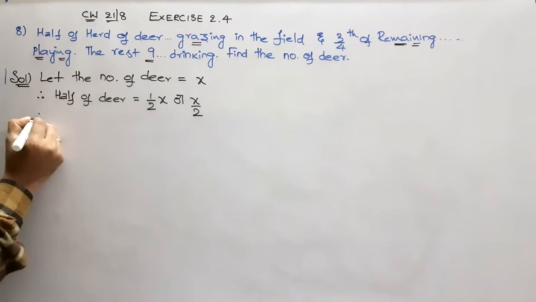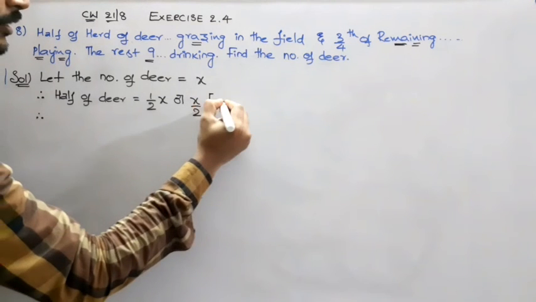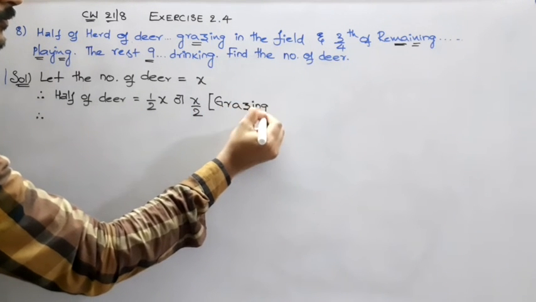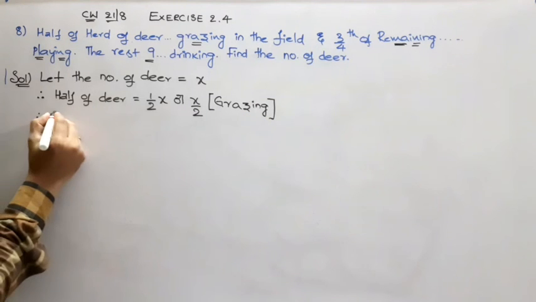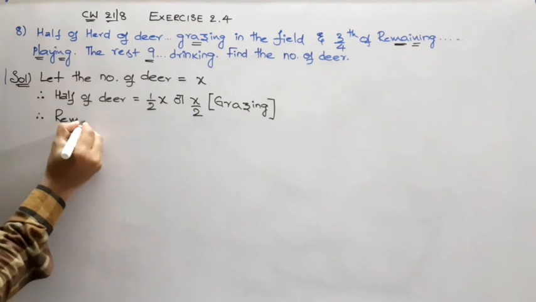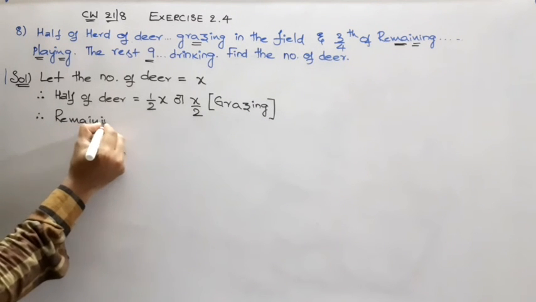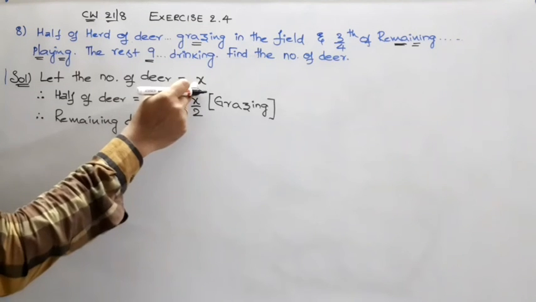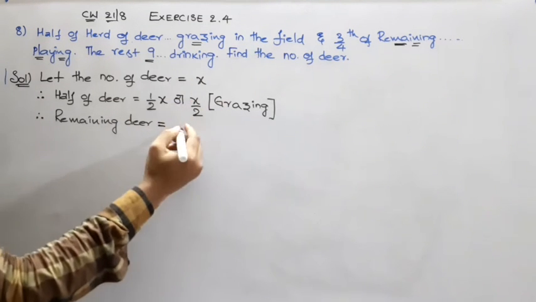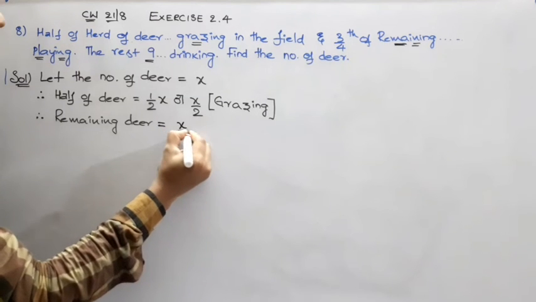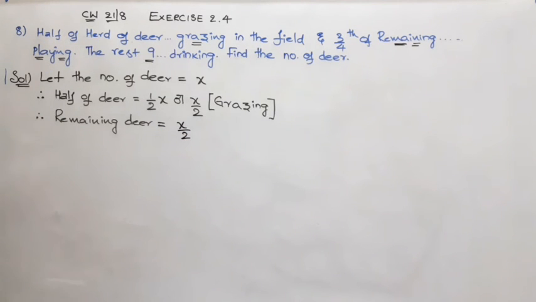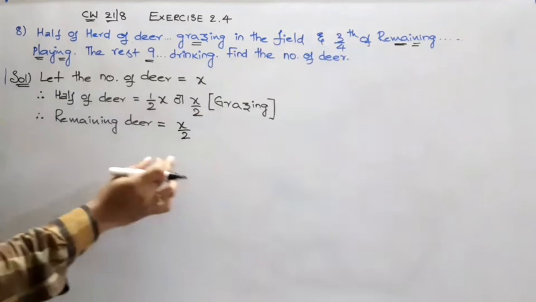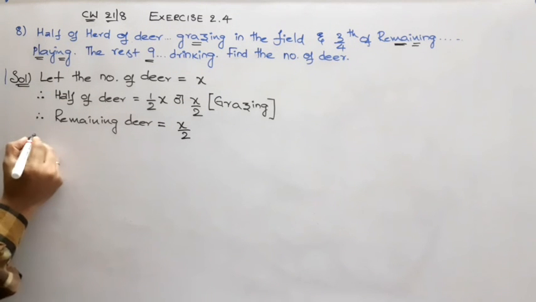Therefore, remaining deer is equal to, in total x, half are grazing, the remaining is another half, that is x by 2. In this, 3/4 of the remaining are playing.